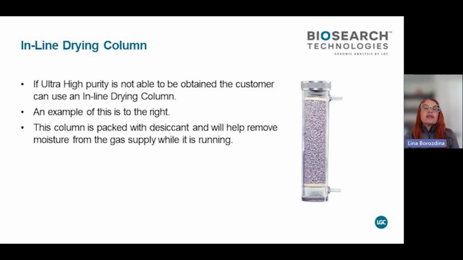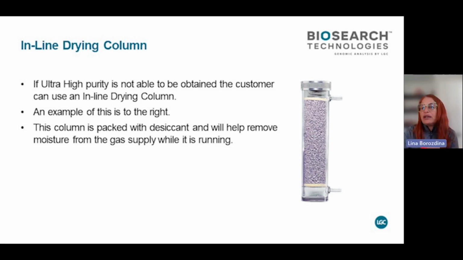If, for some reason, you cannot source the ultra high purity or low water gas and you have to go with, for example, house nitrogen, house nitrogen runs at about 300 parts per million. So what you would want to do is get one of those inline filters with Drierite in it. People who work in the chemistry lab are fairly familiar with this substance. When it's dry, it's blue.